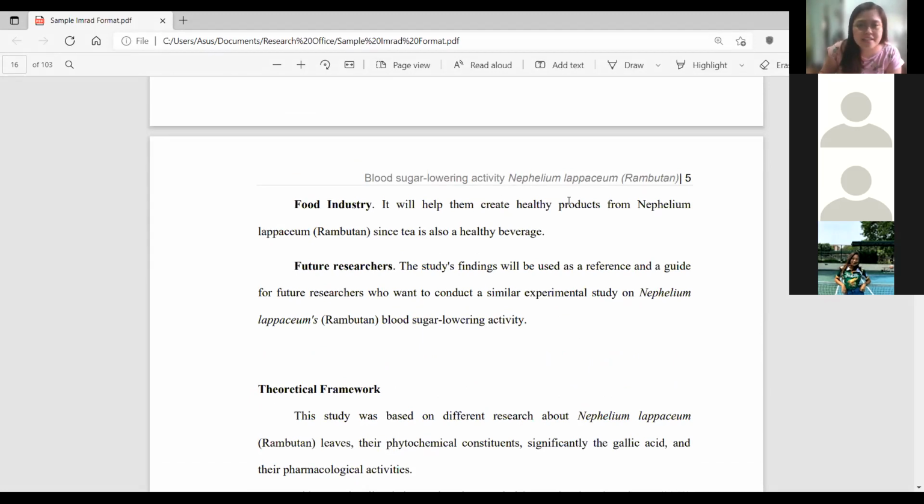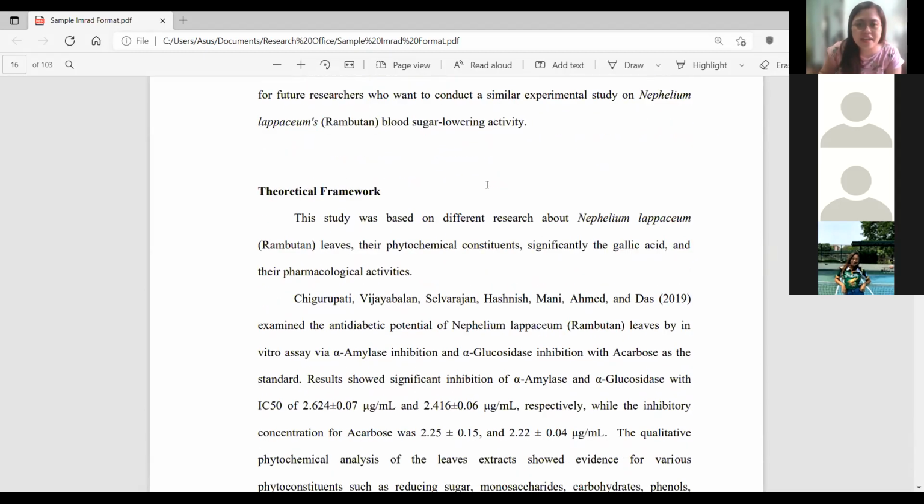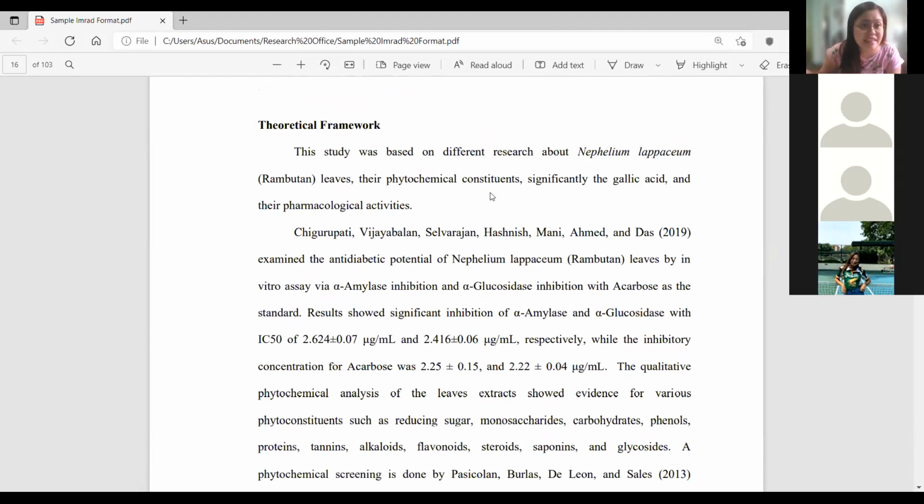Since we cannot look for educational or psychological theories to anchor their study, what they did, class, was look for other studies that can explain why they are doing this kind of research. Their plant material is rambutan, and if we read their theoretical framework, they are actually explaining the reasons why they considered rambutan as a blood glucose lowering agent.